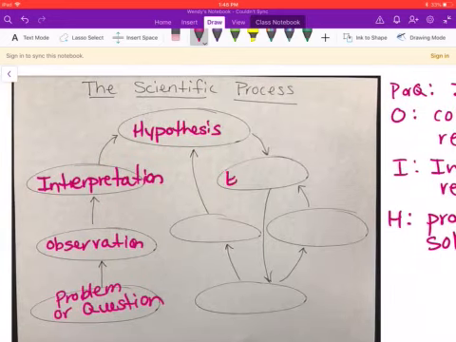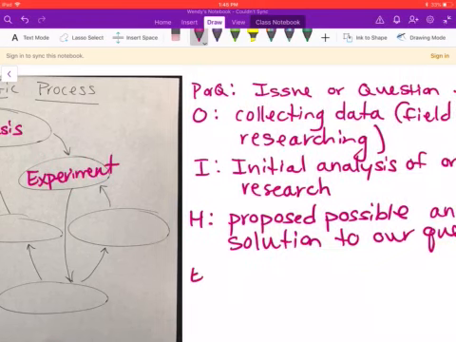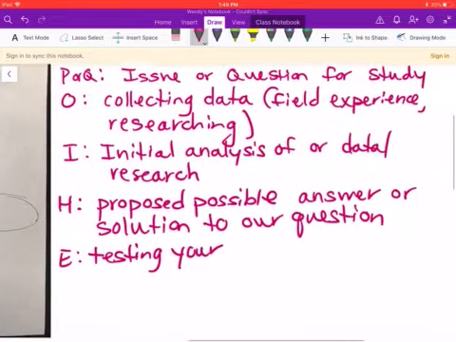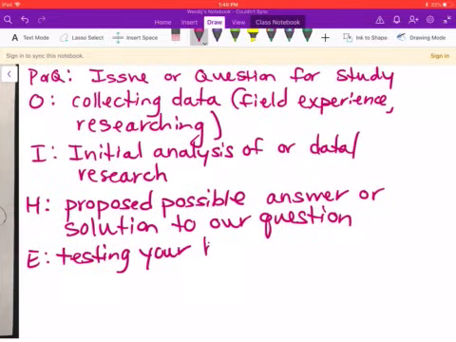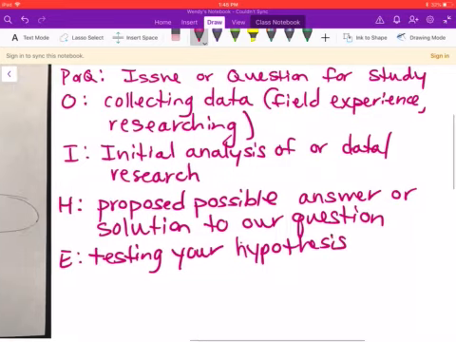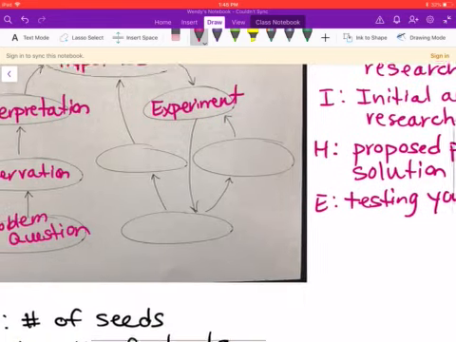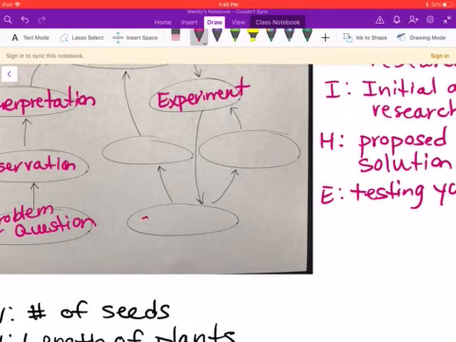So then our next step would be to test it, and that is our experiment. So the experiment is testing your hypothesis. All right, so once we've tested it, we look at our results, and we can come up with our conclusion.